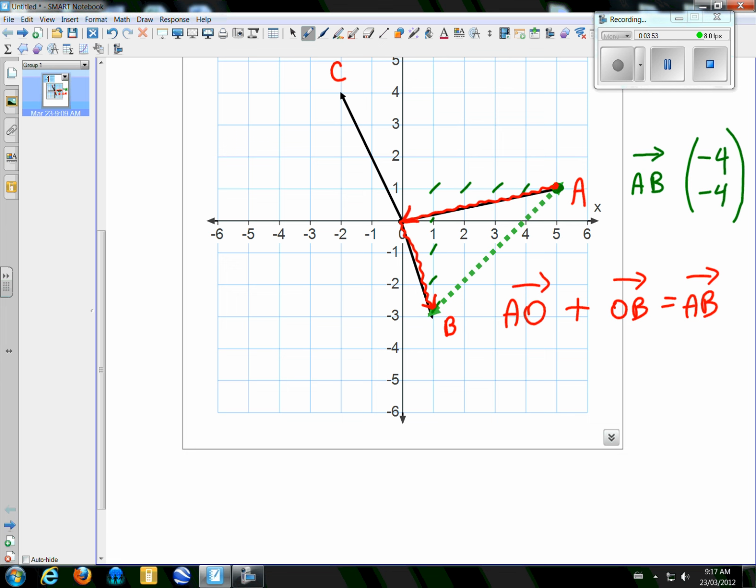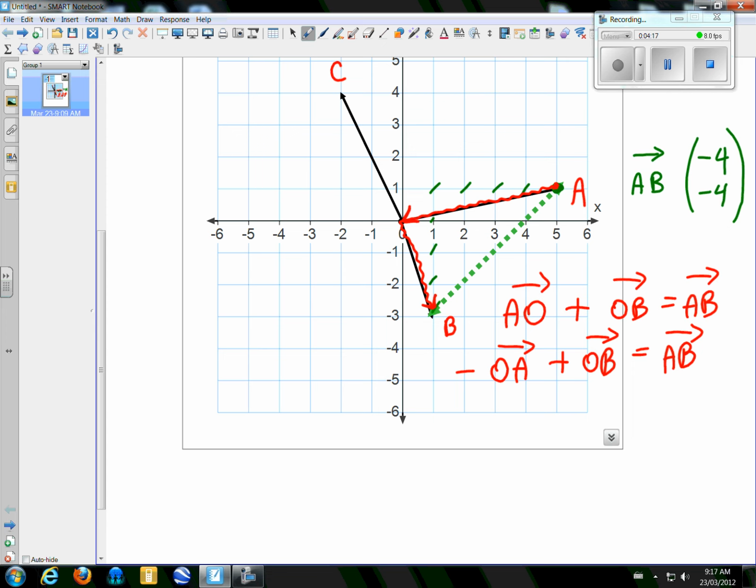Well, A to O is the opposite of what O to A was. And O to B is what we were given, position vector B. So that's just another way of writing it. You don't have to write both strategies, but I want to show you what it is that we're doing here.